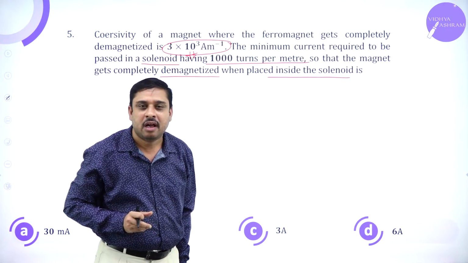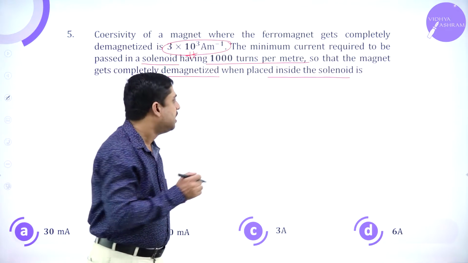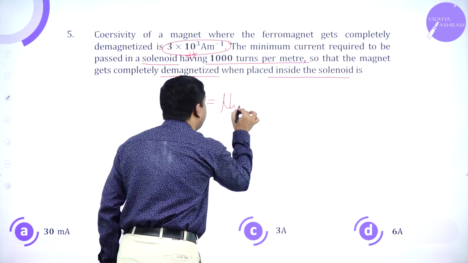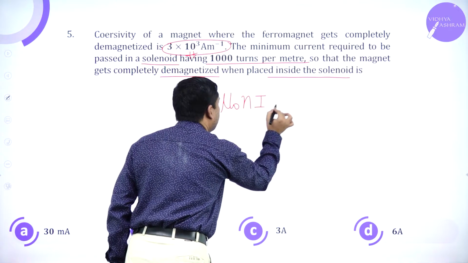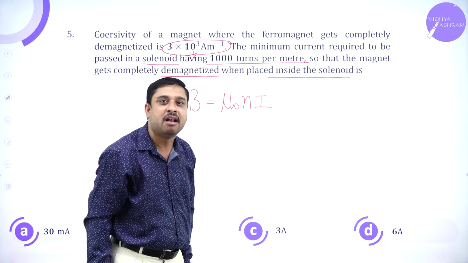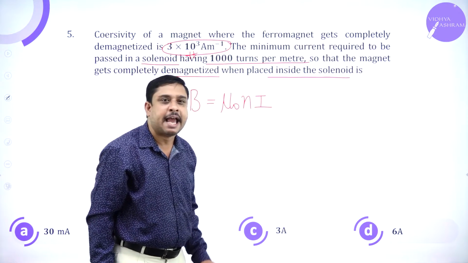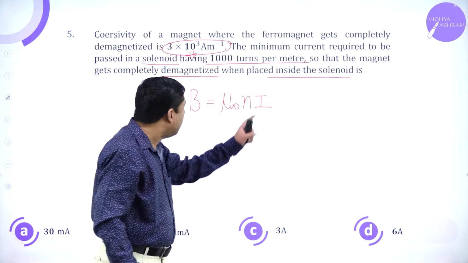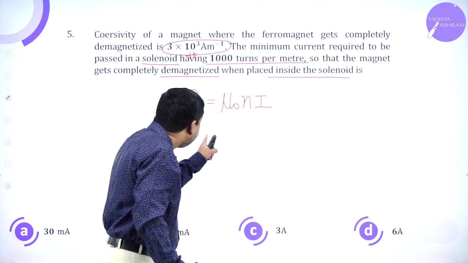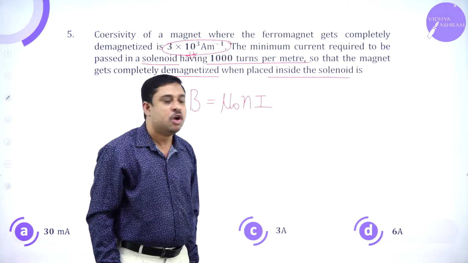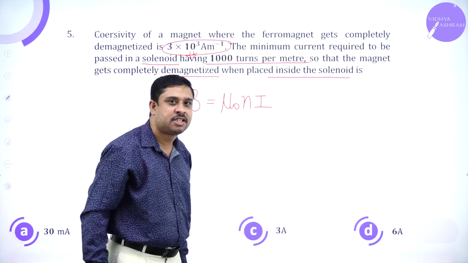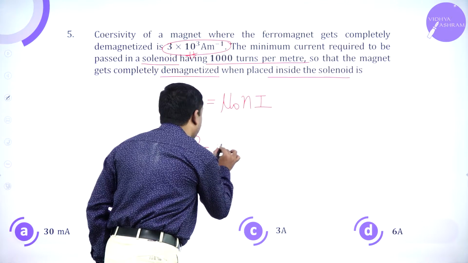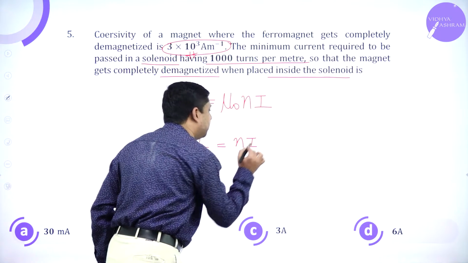demagnetize the material. So as we have studied, the magnetic field for a solenoid is B equals mu naught n i. So this is the expression for magnetic field due to a solenoid. Now, how do I rearrange this expression so that I get H from this? B by mu naught is n into i.